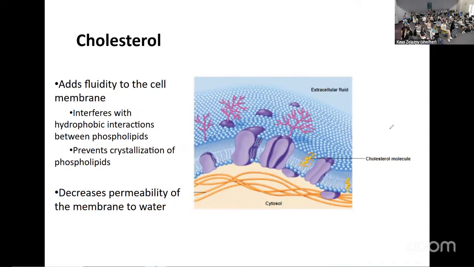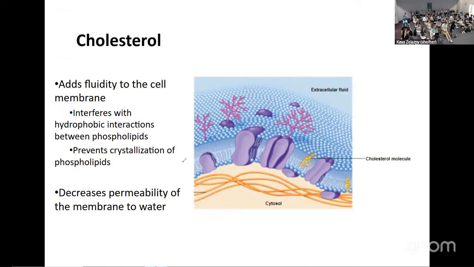So this prevents molecules of the same type, okay, the phospholipids, from kind of crystallizing, and it could get trapped, locked into exactly the right position if it was just them. The cholesterol breaks that up a little bit.